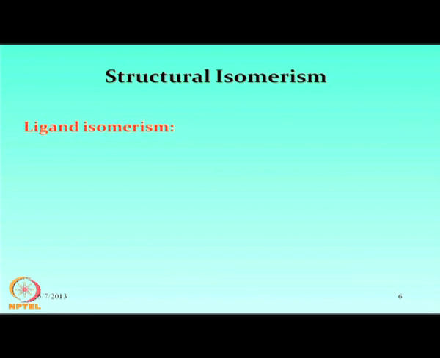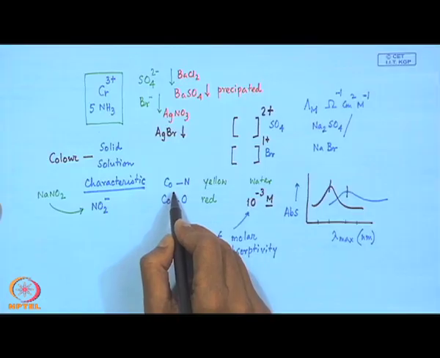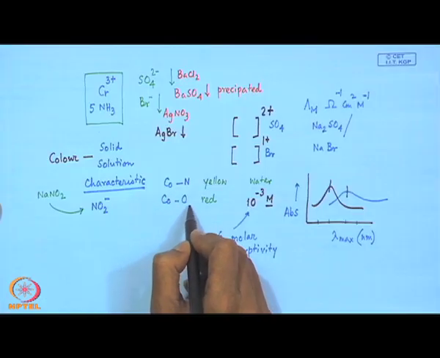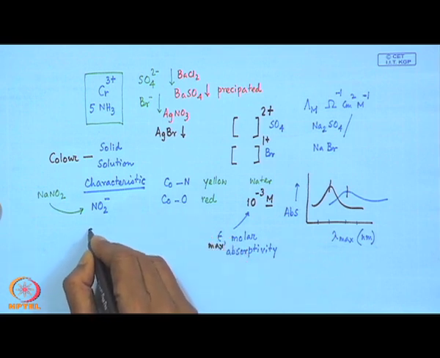So, the next case we can see is ligand isomerism, where the same complex has the same structure, but the point of attachment of at least one of the ligands is different. If it differs in connectivity, like our nitrate and nitrite binding, we get the corresponding ligand isomerism due to the different binding. In one case we have nitrogen binding, and in another case oxygen binding, so we can have 2 different compounds.